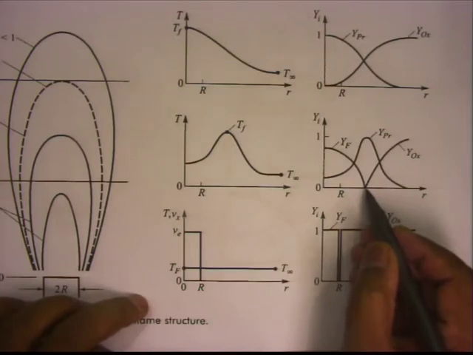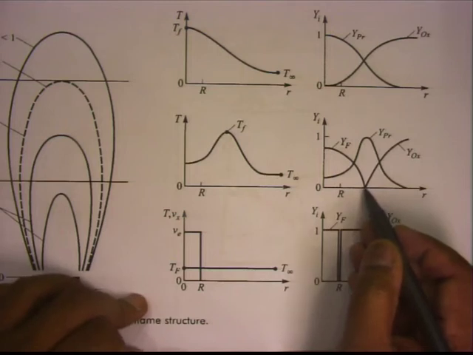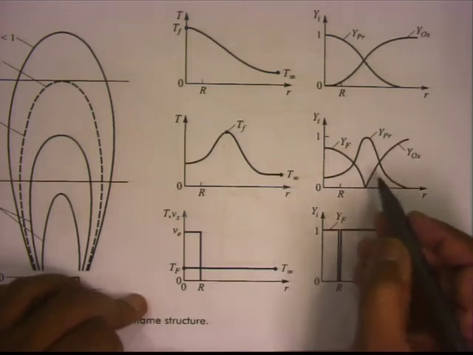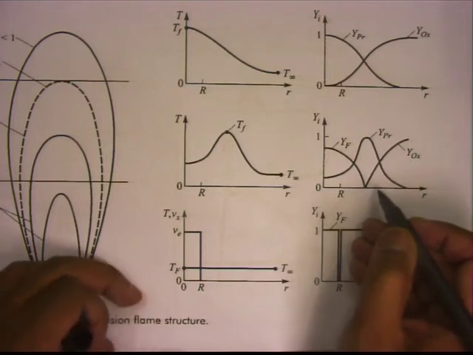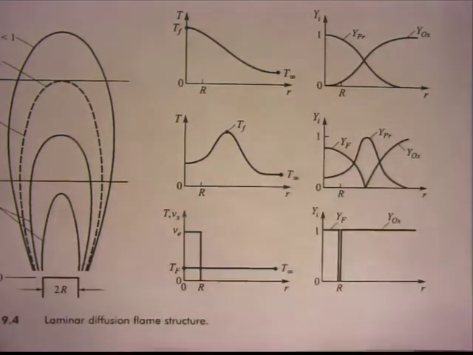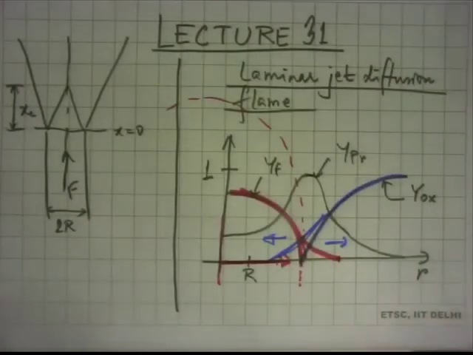You can say that because these are dropping to 0 exactly at that location. That means when sketching these profiles, we have assumed the reaction rate to be infinite, and that also will mean an infinitesimally thin flame. But real flames are not infinitesimally thin.